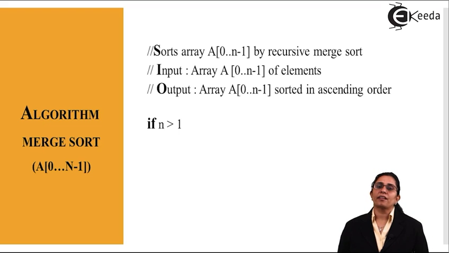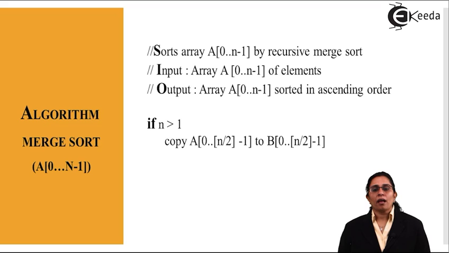If n is greater than 1, that is, I will be using this algorithm if the size of my array is greater than 1, that is, I have some elements in the list to sort. If the size of my list is 0, then there is no point implementing any sorting. Now what happens? Copy A 0 to n/2 to B, 0 to n/2 minus 1.